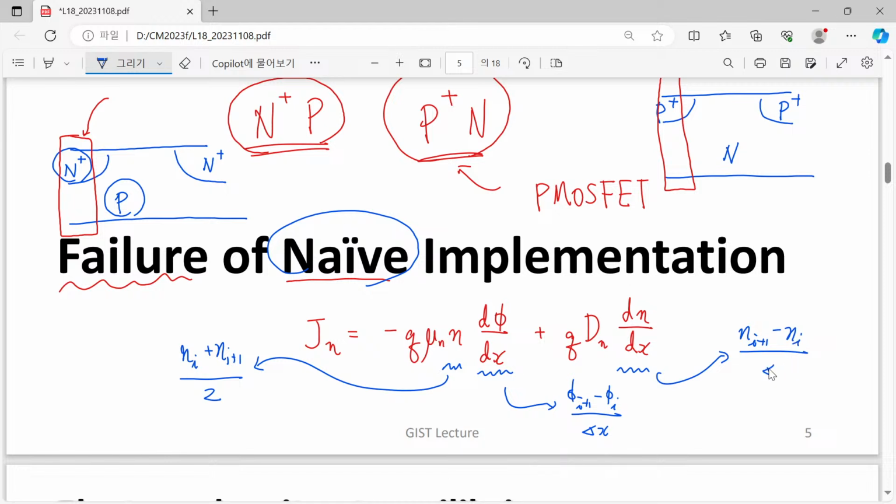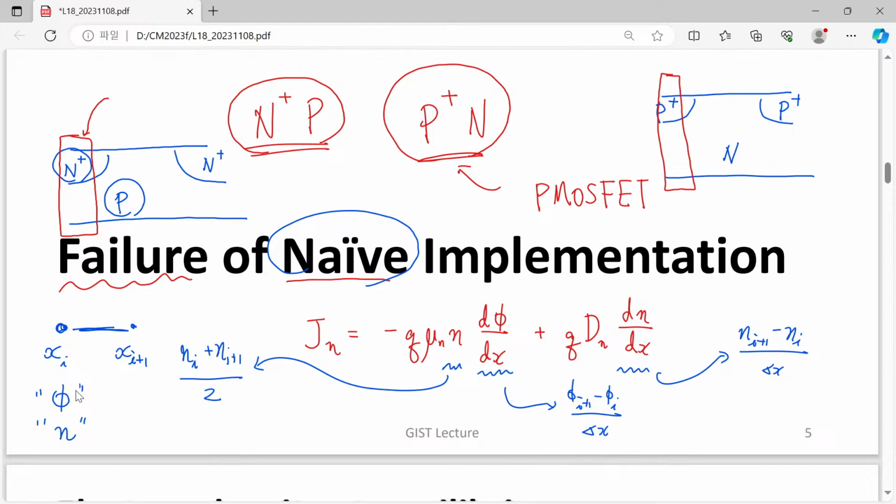It means that inside x sub i and x sub i plus 1, we assume linearity of our quantities like electrostatic potential and electron density. Both quantities are assumed to be linear inside this small edge. That was our naive implementation.